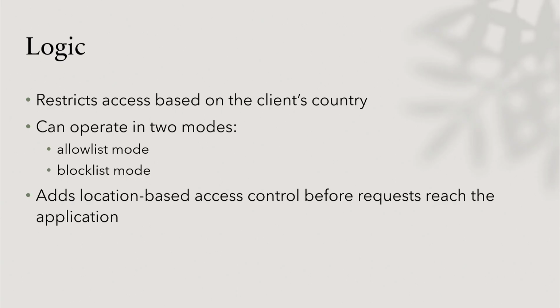If you're from the blocked countries, it doesn't let you through. You can set up exceptions both ways. You can have an allow list or a block list. If you want all requests from a country, you can do that too. I don't think anyone would use that ever, but it's there.